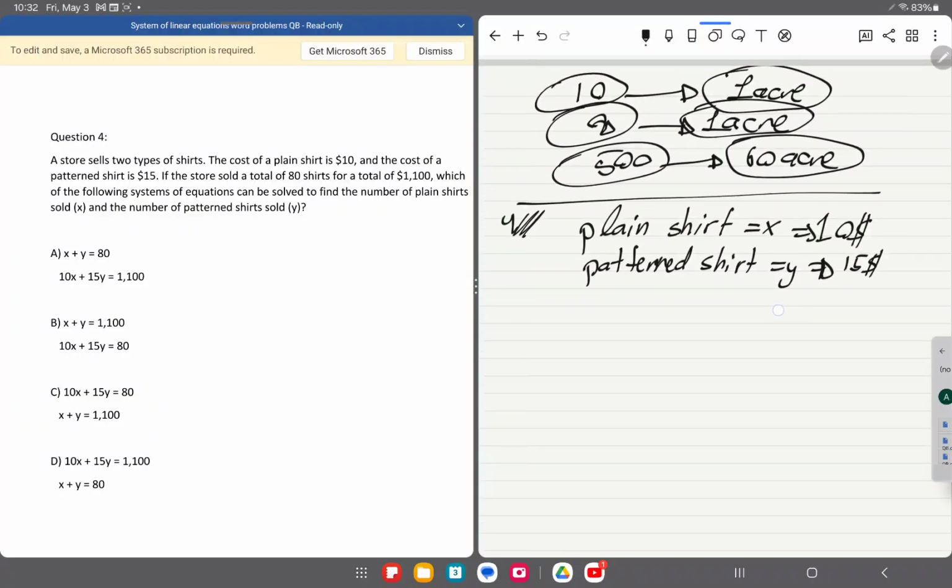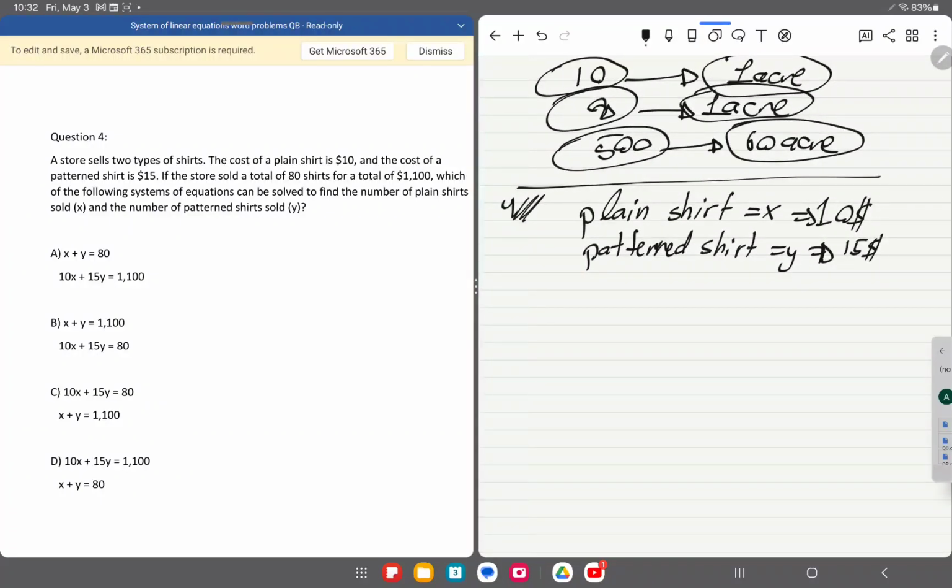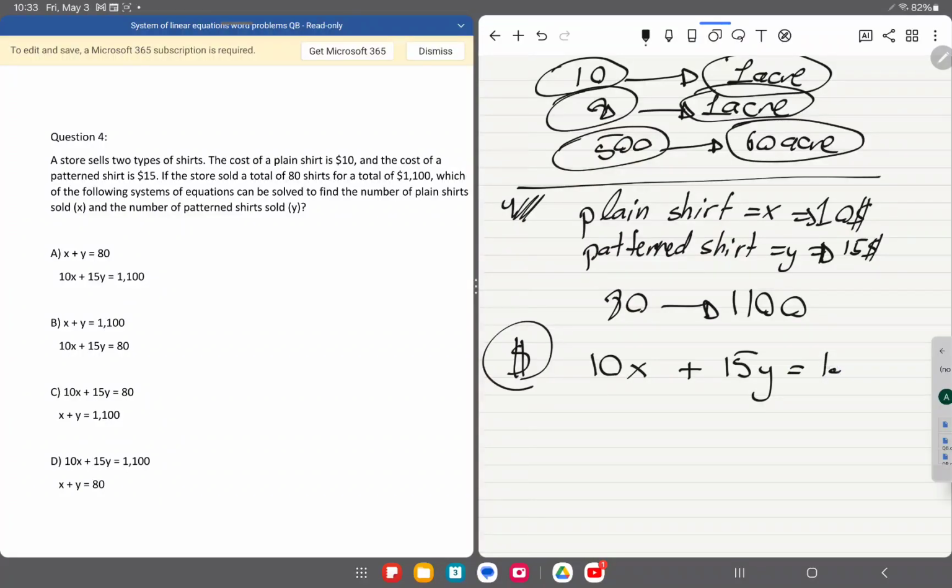Now, if the store sold 80 shirts in total for 1100, same method, same logic. Which of the following systems? So I've got $10 times the number of shirts, plus $15 times the number of the other type of shirts, I'm going to get 1100.